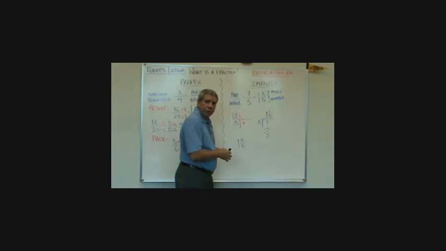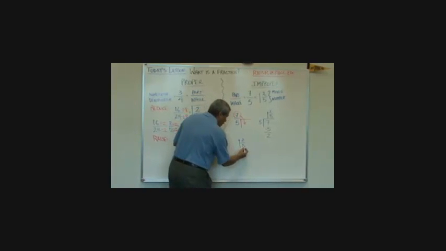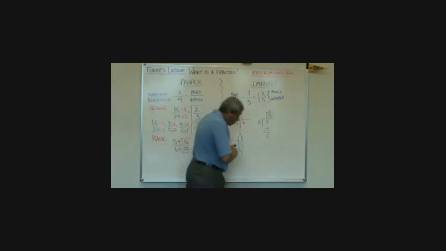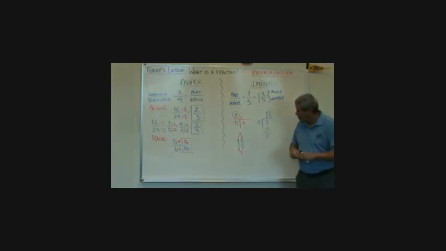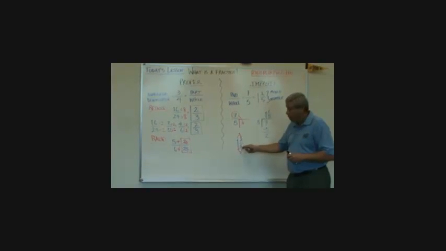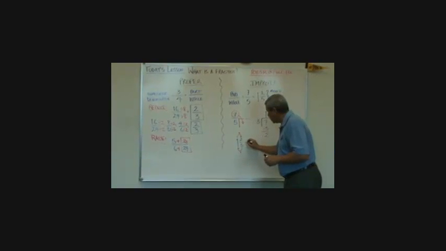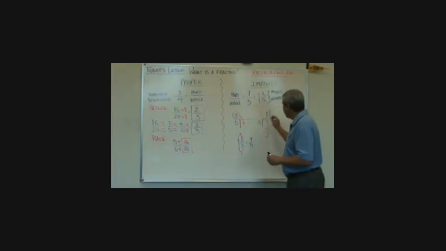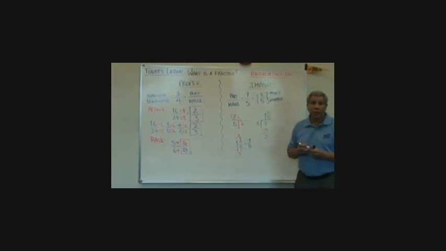Well, the first thing we do is multiply the denominator times the whole number. The second thing we do is add it to the numerator. So, 5 times 1 is 5, plus 2 is 7 over 5. Again, the denominator never ever changes.